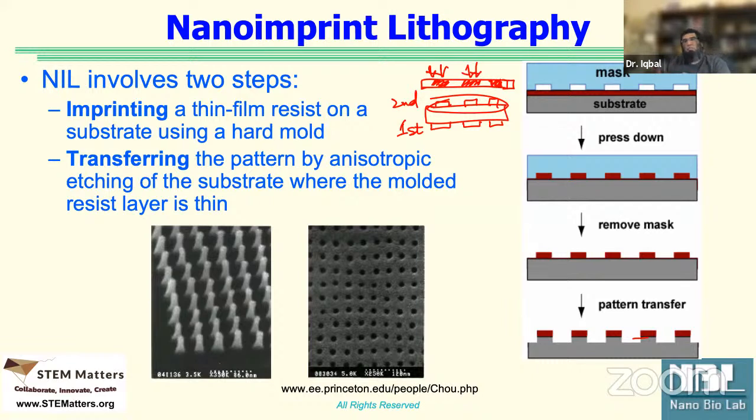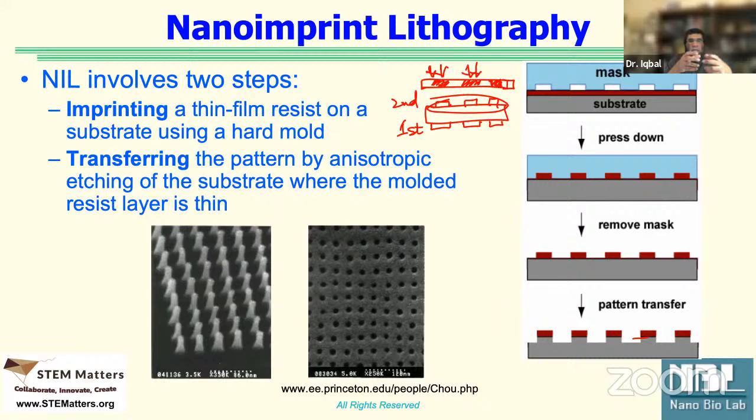In anisotropic etching, if you remember, it's a very selective directional etching, where we would etch more vertically than horizontally, which means we would remove the residue at the bottom. And here on the right-hand side, if you look at picture number 4 at the bottom, the NIL resist, nano imprint lithography, NIL, has been used to now etch down into the substrate.